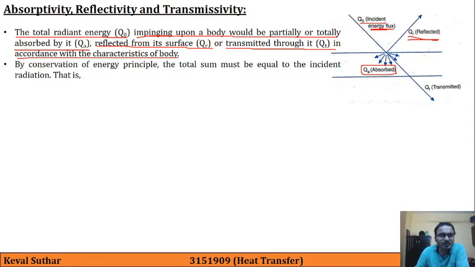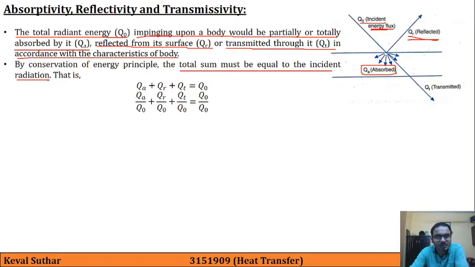By conservation of energy principle, the total sum must be equal to the incident radiation, that is QA plus QR plus QT is equal to Q0, that is based on the energy conservation principle. Now here what we have done, that we have divided the whole equation with Q0.